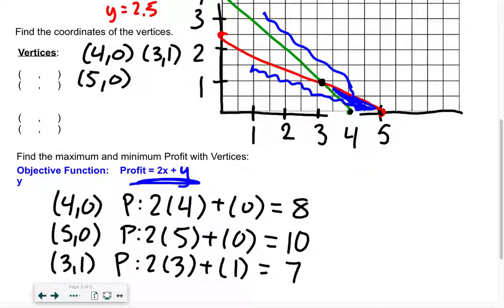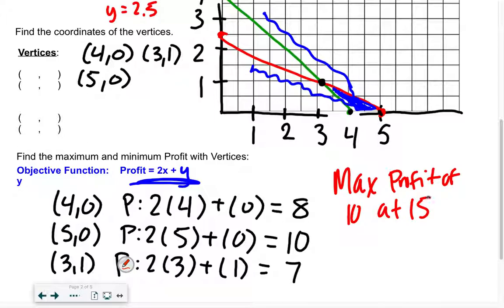So just like last time, well, first off, we good there? Good? We know why we're plugging in. Okay. Max. What's my max profit? (5, 0). Max profit of 10 at (5, 0). And then it asks for our min too.